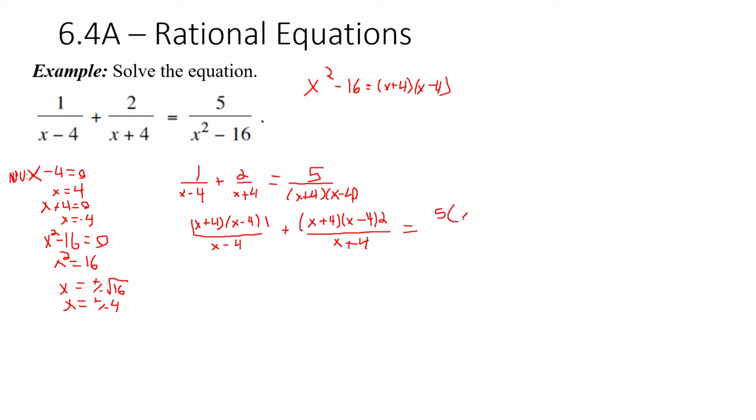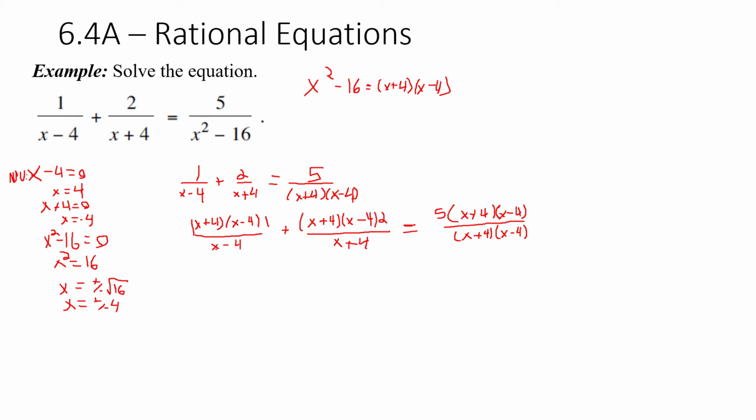And then 5 times x plus 4 times x minus 4. So remember, you can do anything you want with an equation, as long as an equation states, everything is kept equal. So multiplying everything by x plus 4 times x minus 4 is a perfectly legit strategy. You're keeping it equal. Everything's still balanced.